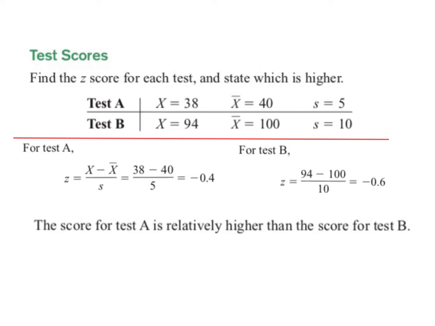When we say relatively, we're saying in comparison to test B. And that's what you do with z-scores. Obviously, if somebody had a positive z-score, that one will always be higher than a negative z-score. That's one of the things you're going to have to do in your homework for tonight.